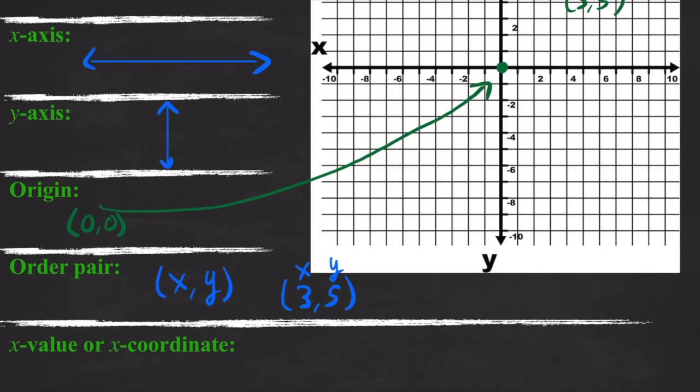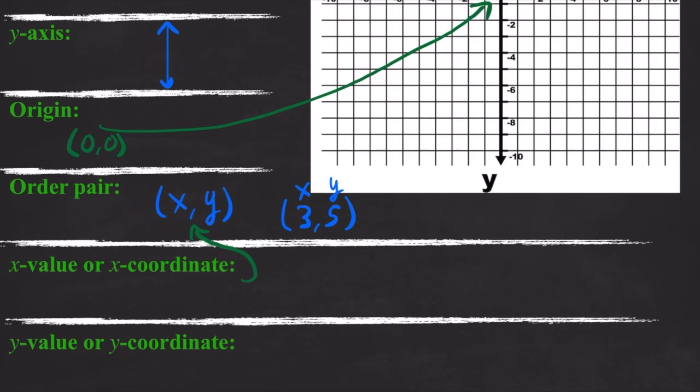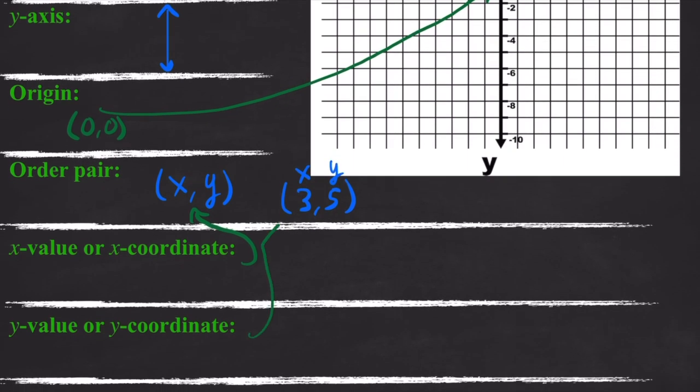The x value is telling you where it goes on the coordinate system for the x. The y value is telling you where that dot goes on the y coordinate of the graph. Okay? So x is always the first one, y is always the second one in an ordered pair.